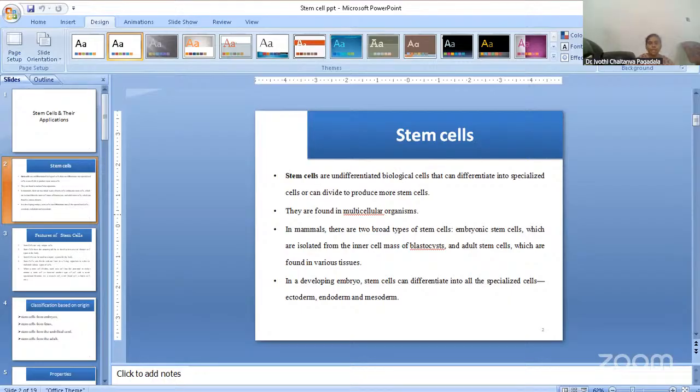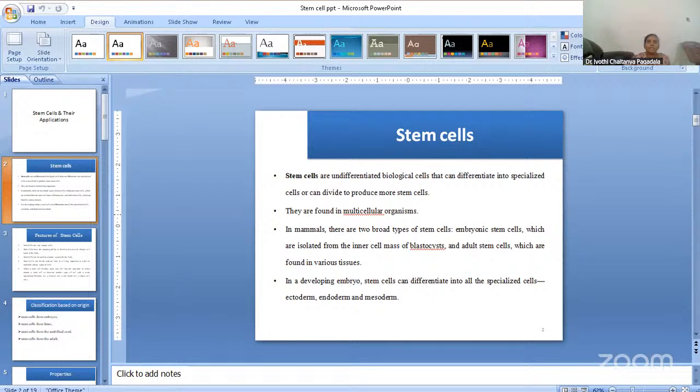For example, embryonic stem cells are derived from the blastocyst in mammals. There are two broader types of stem cells: embryonic stem cells, which are isolated from the inner cell mass of the blastocyst, and adult stem cells, which are found in various tissues.